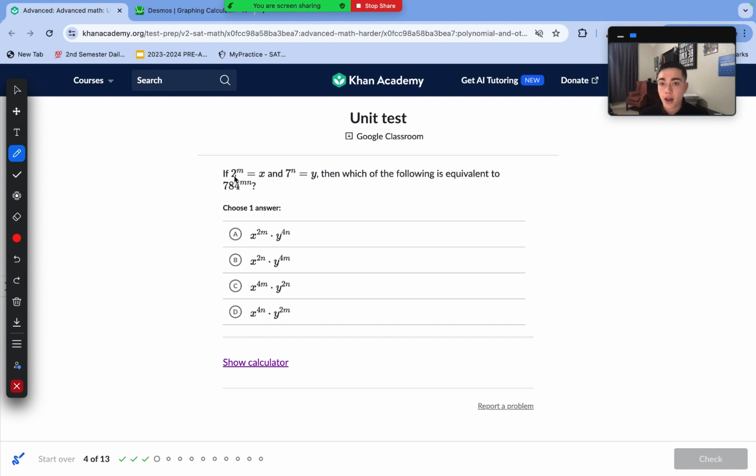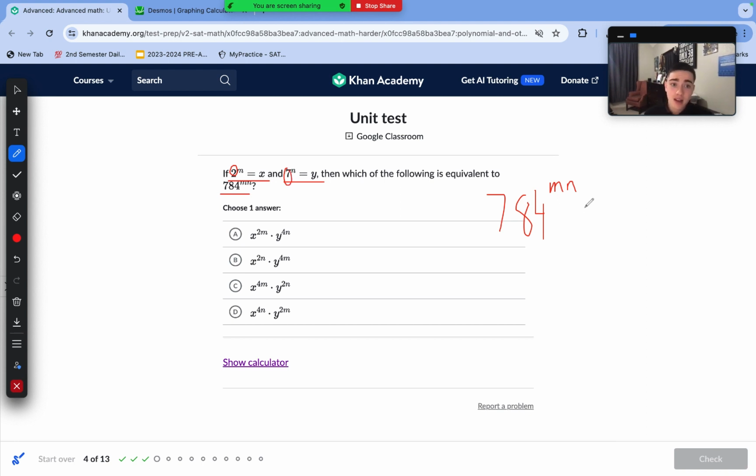So if 2 to the power of m equals x and 7 to the power of n equals y, which of the following is equivalent to 784 to the power of mn? So our first step here, we're going to separate 784 to the power of mn into two different factors, each of which can be rewritten in 2 to the power of, 7 to the power of format.